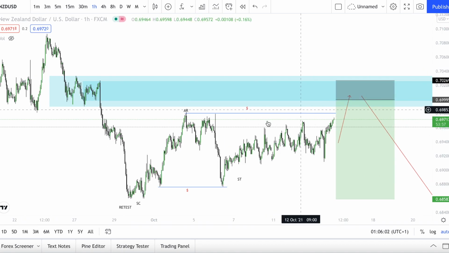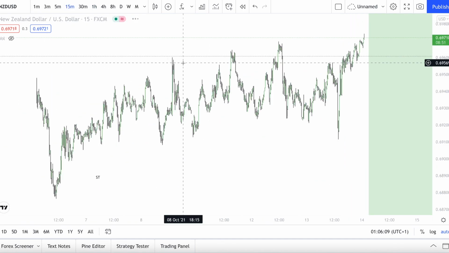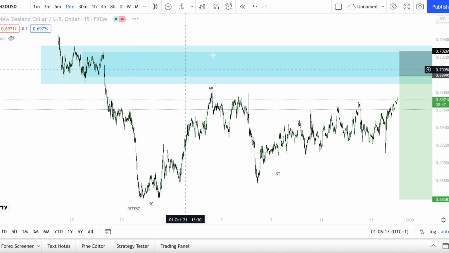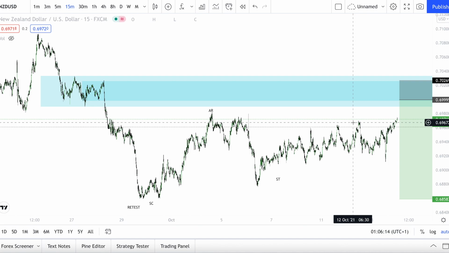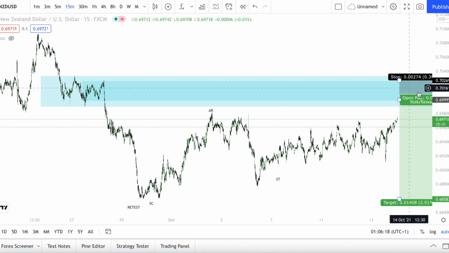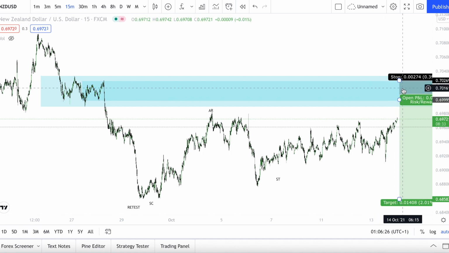Or what you can do is wait for price to come in here and start looking for distribution in the 15 minutes time frame within here. And then when price is right about here somewhere distributing, you can have the stop loss right here. Or you can have it in the 15 minutes candle, wherever it says.